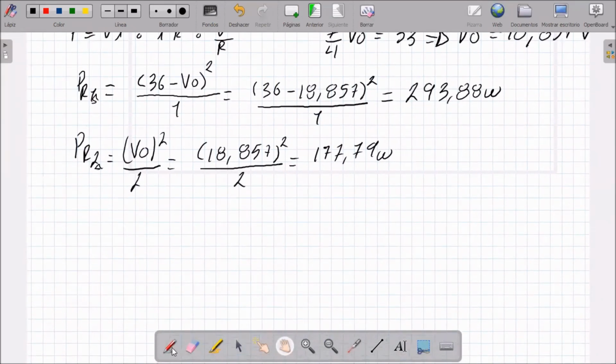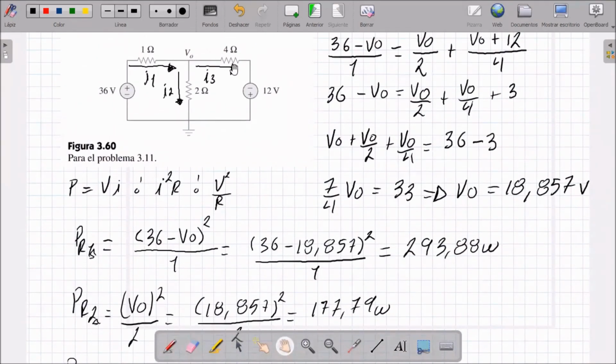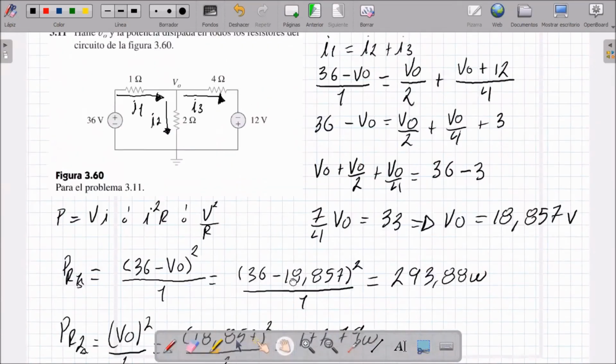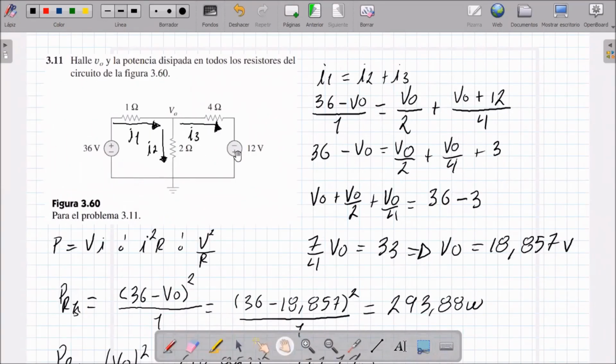And finally, the power in the 4 ohm resistor. We observe here that it would be the voltage V0, but instead of being less it would be more, due to the polarity of the source.